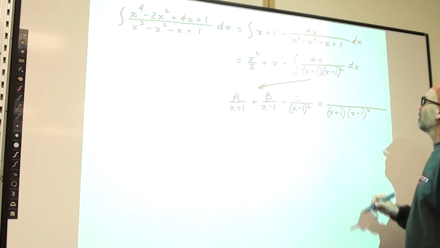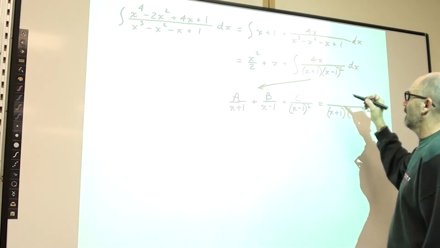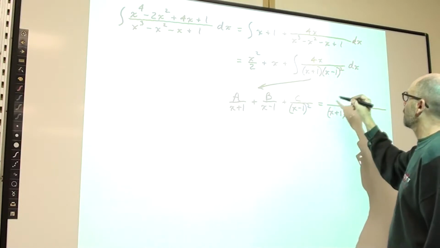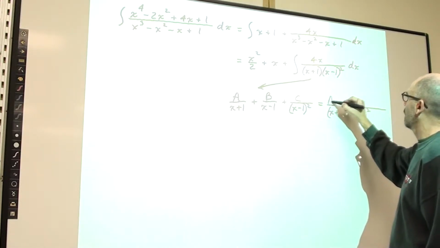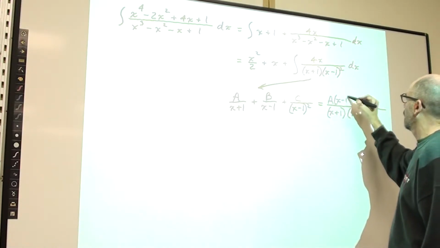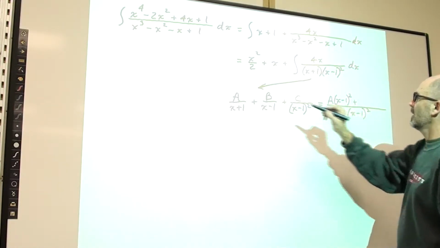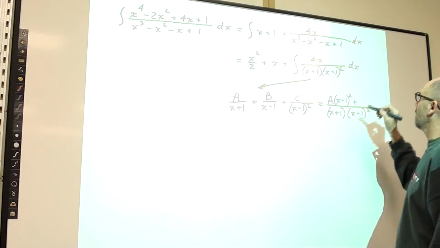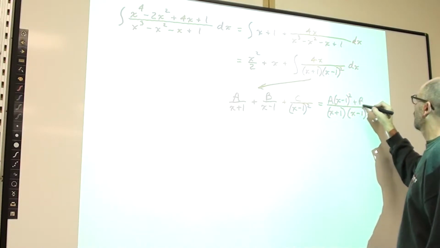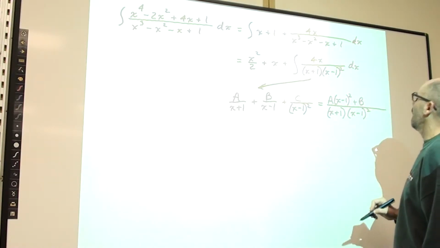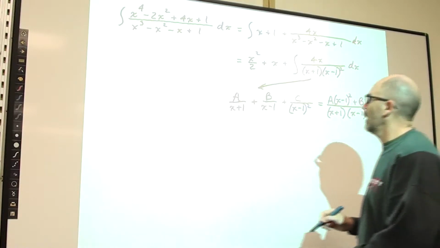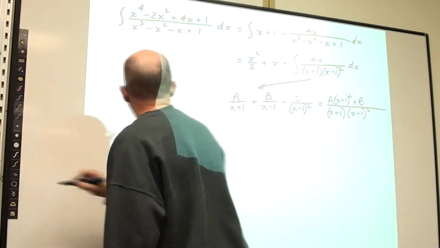So now the A is just missing the x minus 1 quantity squared. The B is missing the x plus 1, x minus 1. Yeah, rats. I knew I'd run out of room. Okay, cut, take two.